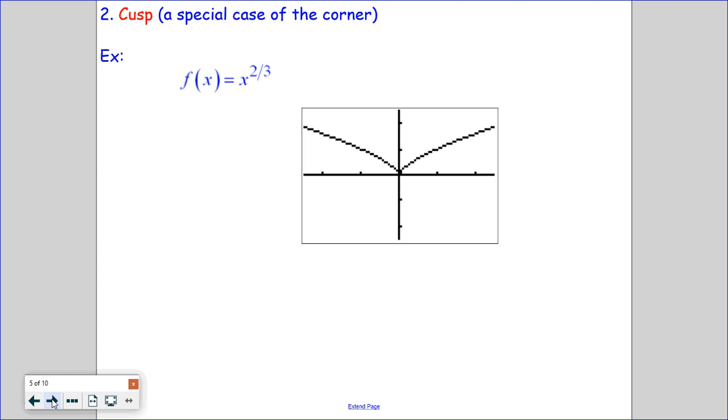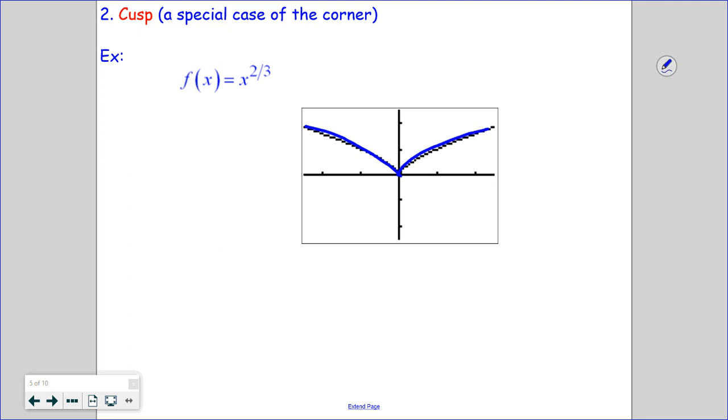The second condition is what we call a cusp. Honestly, a cusp is just a special type of corner. Usually, the difference is that a corner is created by lines and a cusp is created by curves. This time we're looking at the graph of x to the 2/3 power, and the graph of the function looks like this.